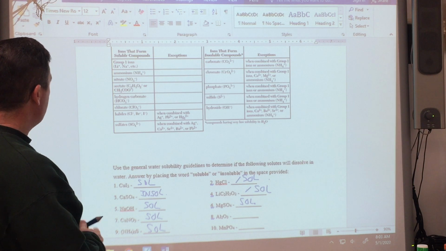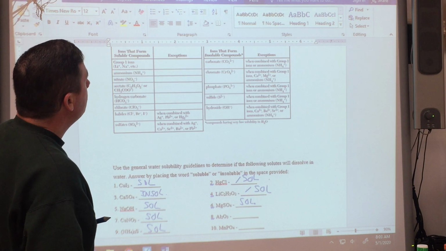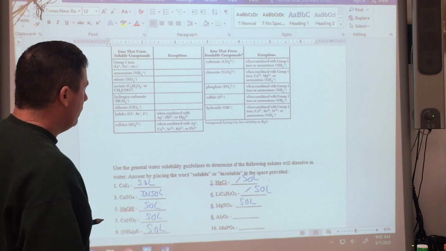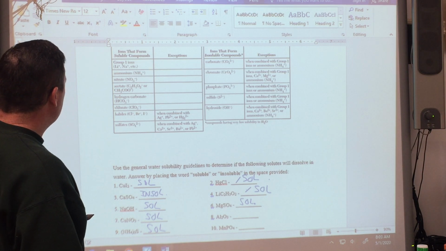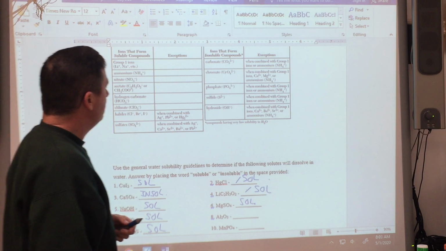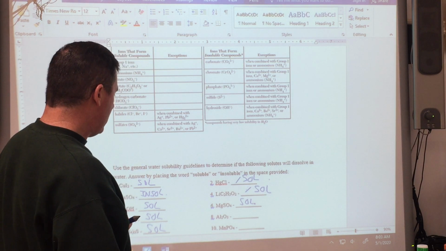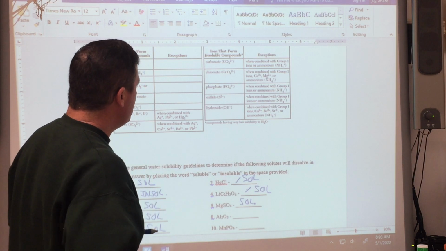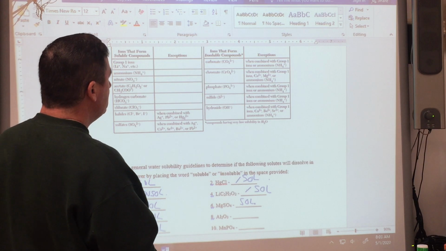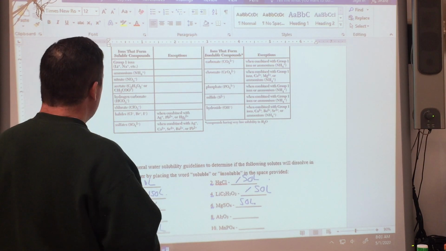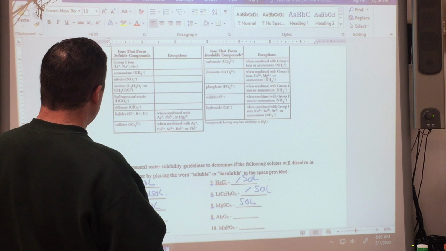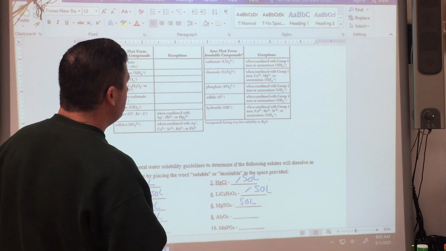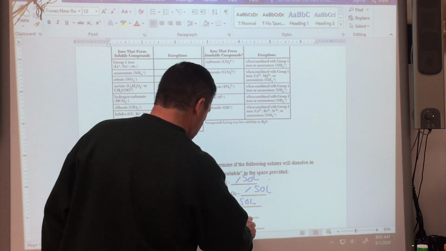Well, where are the oxides? Al2O3. You know what? I don't see it anywhere. Oxides are not up there. So this must be a typo. You can't tell by this whether aluminum oxide is soluble or not. So this is a typo, I'll have to change that.